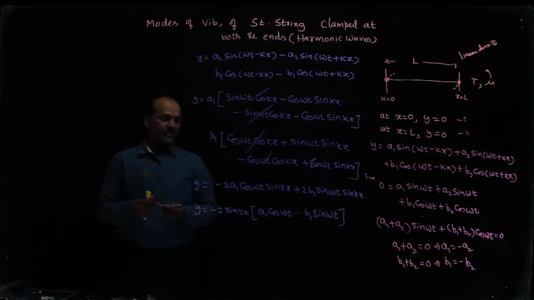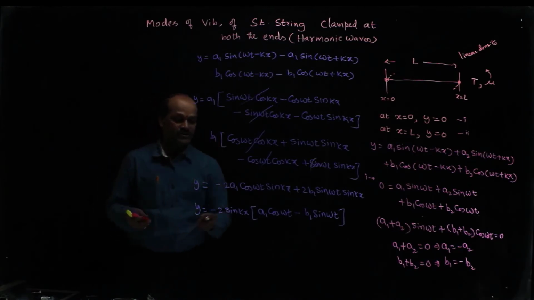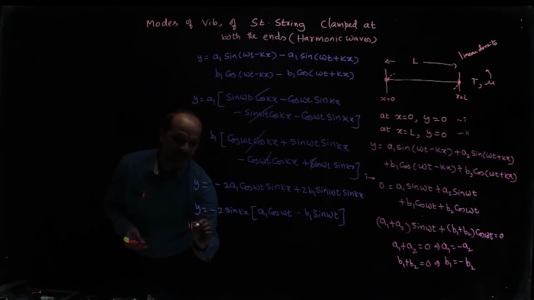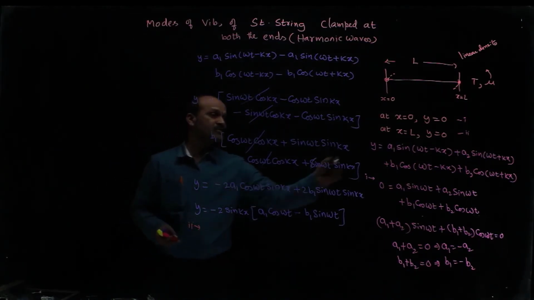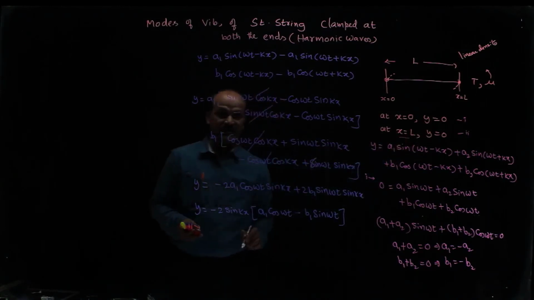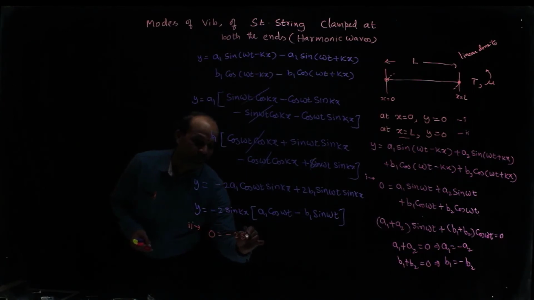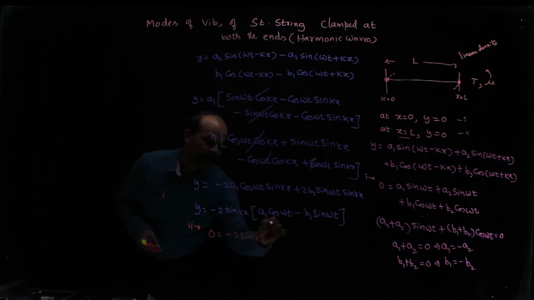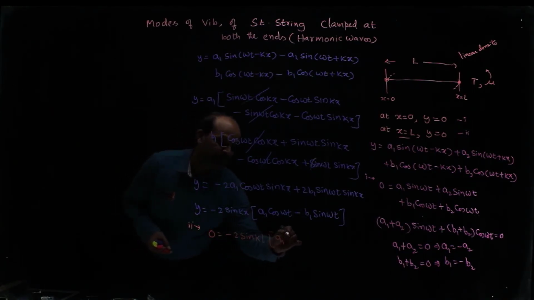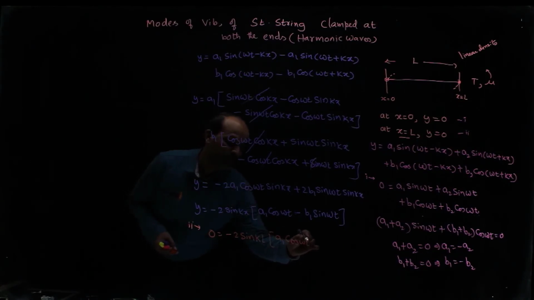Now we'll apply the second boundary condition over here. What is the second boundary condition? At x is equal to L, y is 0. So y is 0, which is minus 2 sin kL into (a1 cos omega t minus b1 sin omega t).